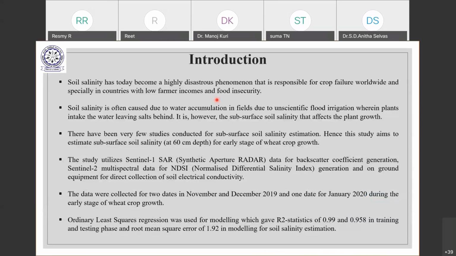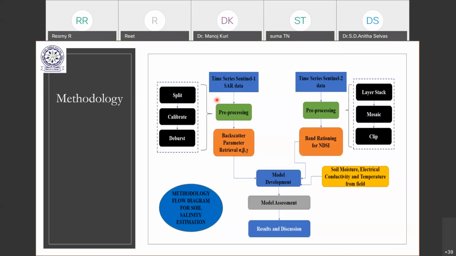So I will skip all these things. I will go through this case study very fast, because we have to cover another aspect, that is scatterometer data and the snow cover part also.